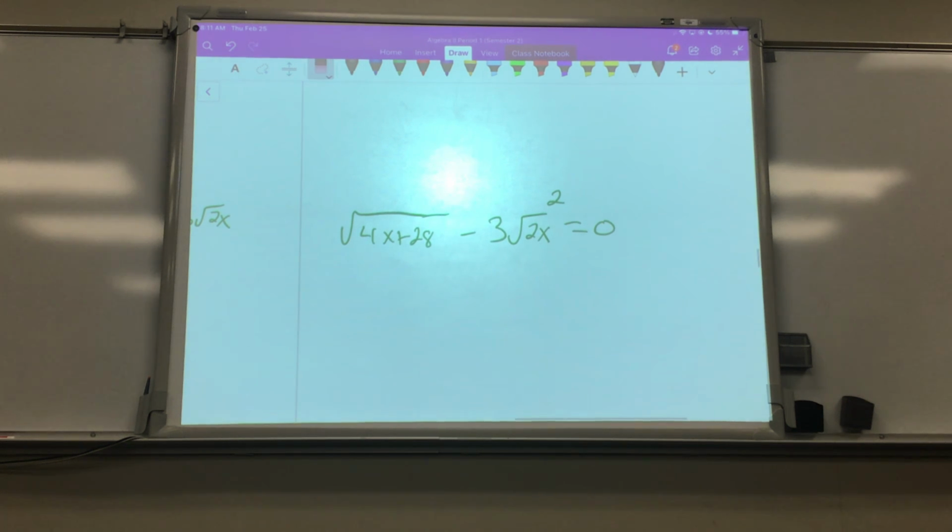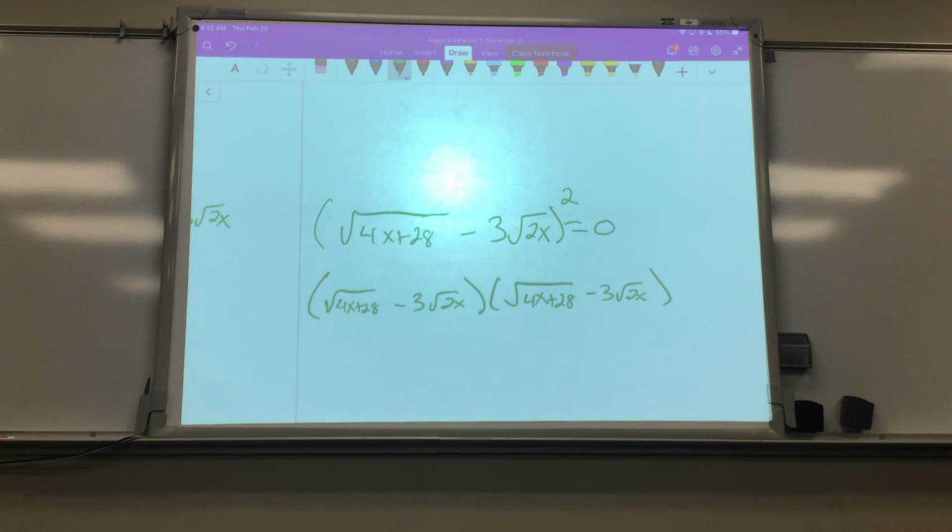And even if I did that, that's saying square root of 4x plus 28 minus 3 square root of 2x times square root of 4x plus 28 minus 3 square root of 2x. Is that going to get rid of the radicals if I FOILed that out?